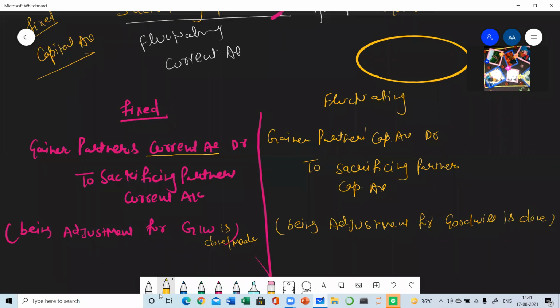Clear? So these two entries will be passed depending on the information given in the question.